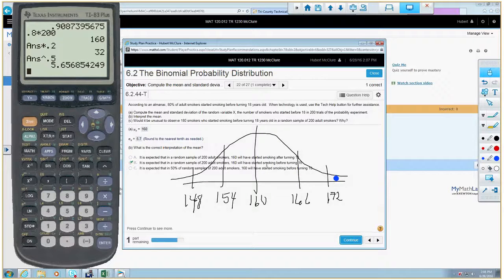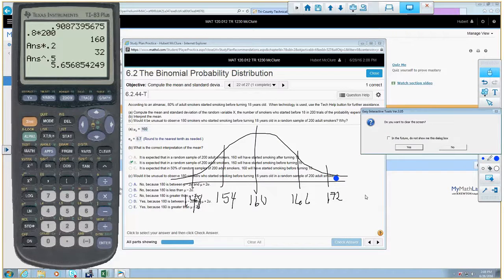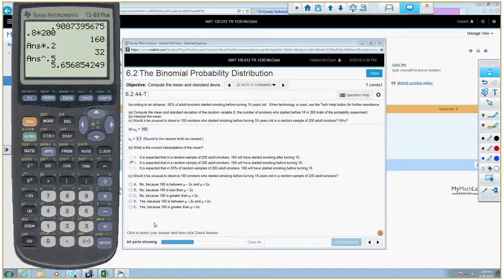And then the last one, yes, it is unusual. Why? Because 180 is above what? 2 standard deviations. It's not the first 3, so we can knock the first 3 out.